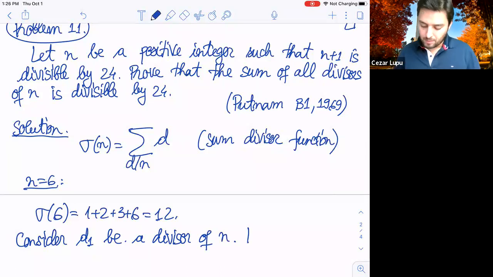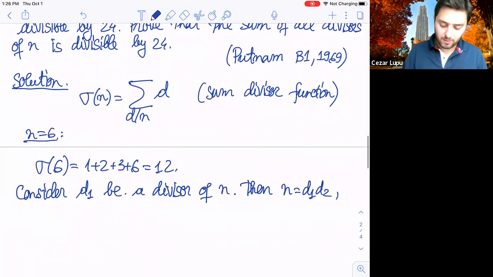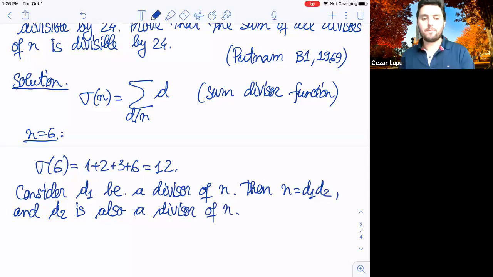Then we can say that n is d1 times d2, and d2 is also a divisor of n, right? So we can write them in this way.